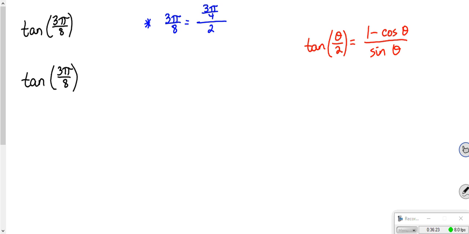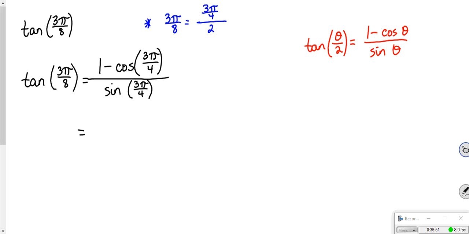So tangent of 3 pi over 8 equals, using the formula here, 1 minus cosine of 3 pi over 4, divided by sine of 3 pi over 4.